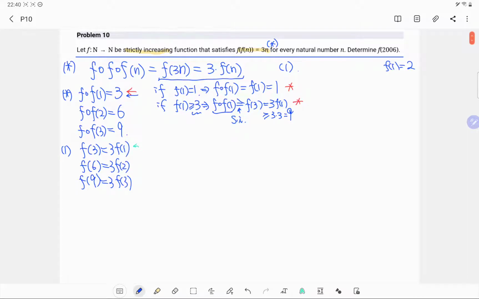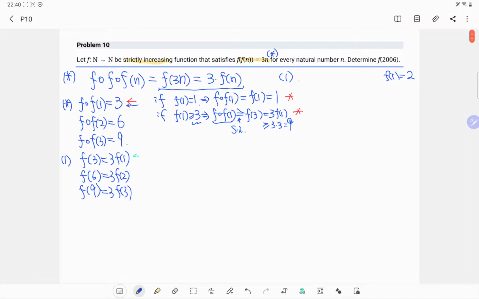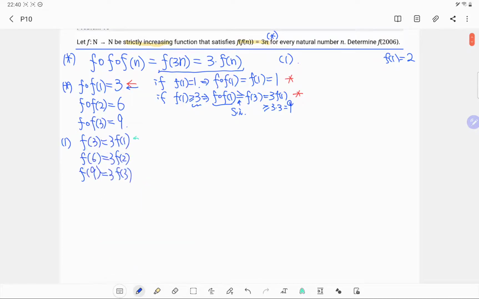So we have f(1) here, and we can make use of equation 1 so that f(3) is 3 times f(1), which is 3 times 2 equals 6. And we can have f(9), which is f(3 squared), equal to 3 times f(3), which we can write as 2 times 3 squared.